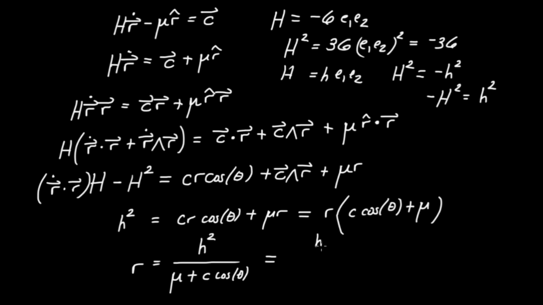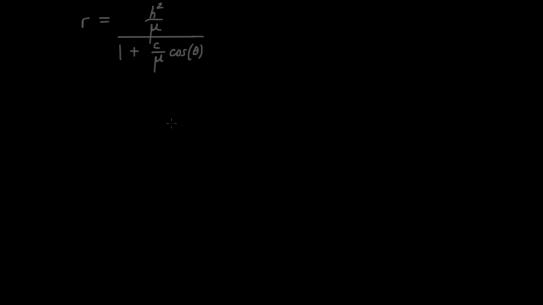So in the numerator, I now have h squared over mu, divided by 1 plus C over mu times cosine theta. This is where we're at so far. We've expressed r in terms of some constant in the numerator over 1 plus some other constant times cosine of theta, and now I'm going to treat theta as the variable.